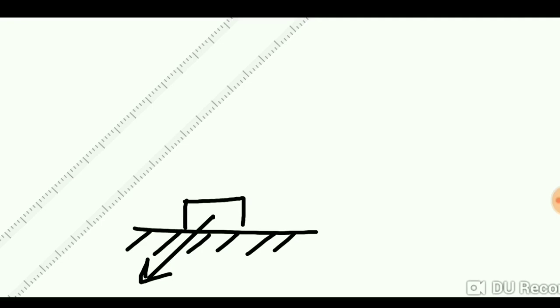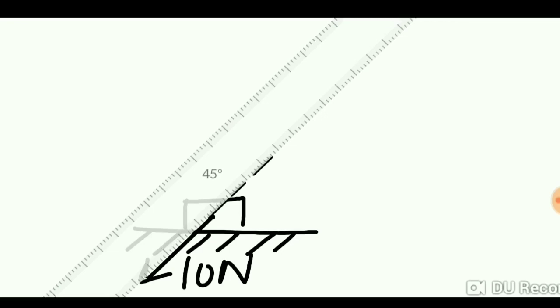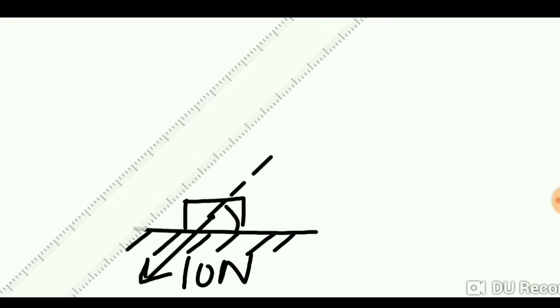Now let's say this force was, let's take it as 10 only, 10 Newton, and it was at an angle, let's extend it a bit, of 45 degrees from the ground.